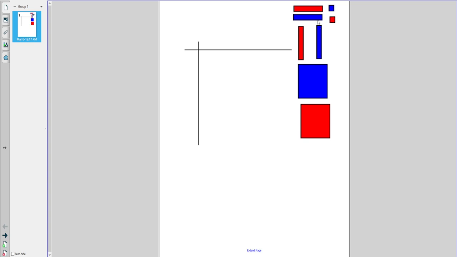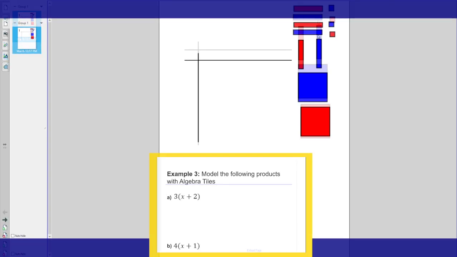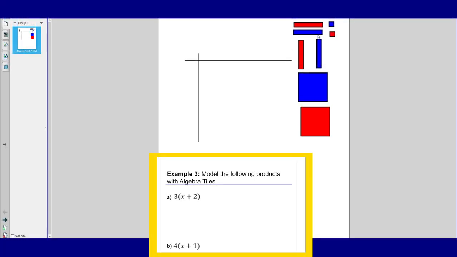So if I bring up our question, we want to represent 3 times x plus 2. How we're going to do that is I'm going to use a T-chart, kind of like a multiplication chart, where I have 3 on one side, and I'm going to multiply it by an x and then a 2.